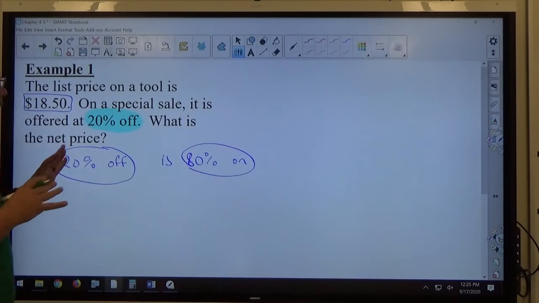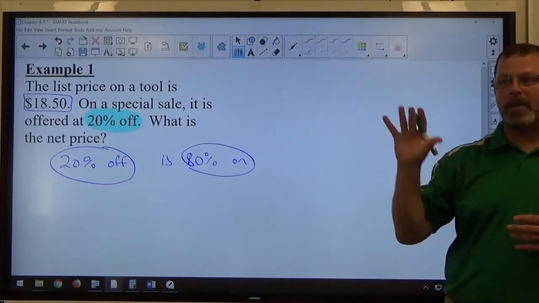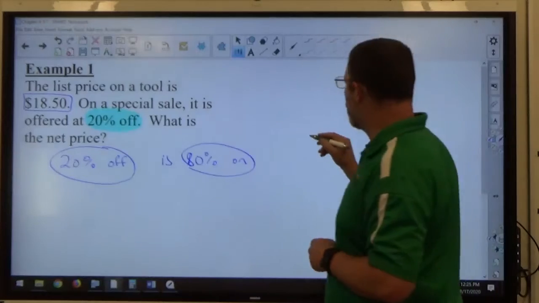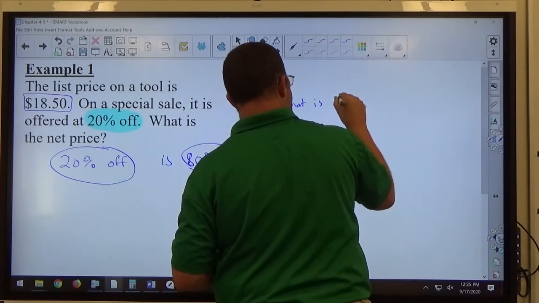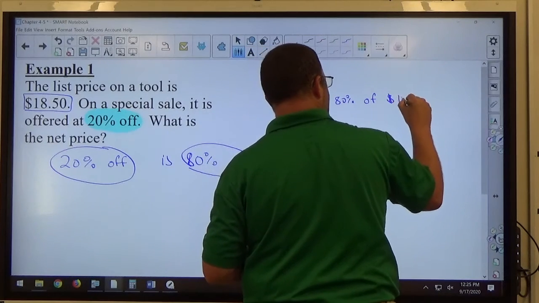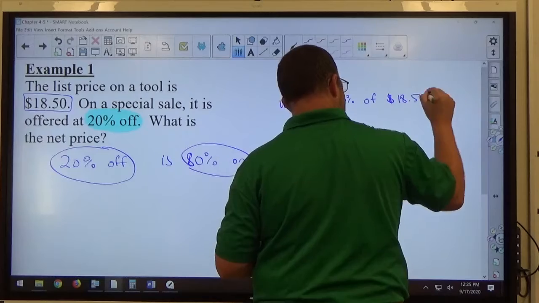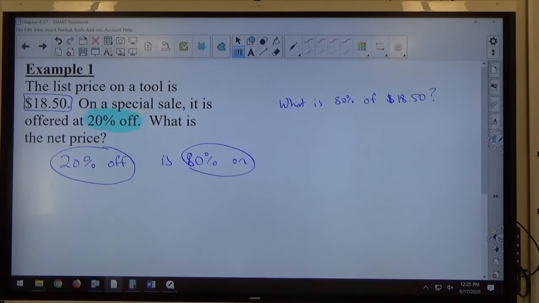When I'm looking at this question, again with this idea of making a percent sentence problem out of the situation, I want to know what is 80% of $18.50. The other way of doing the same problem is to find 20%, but then you have to subtract that away.